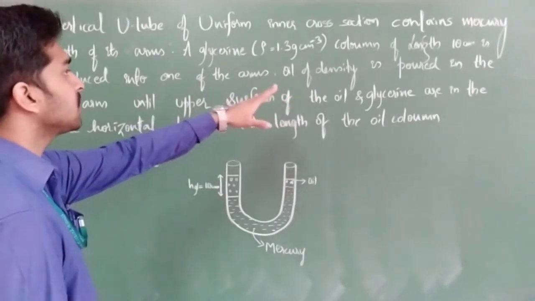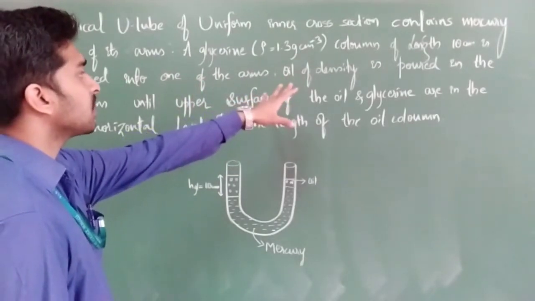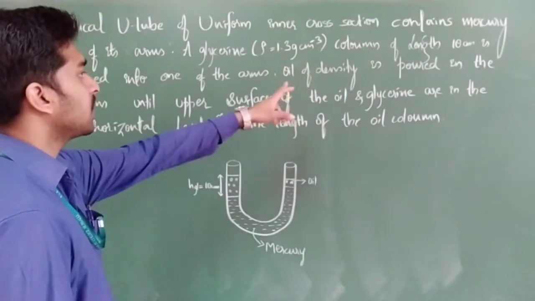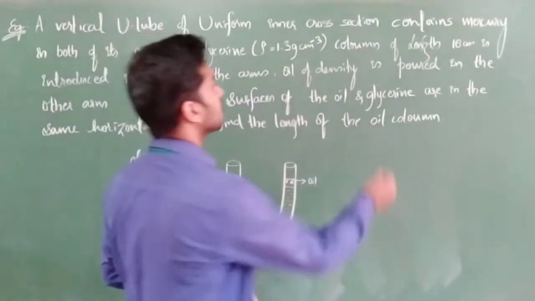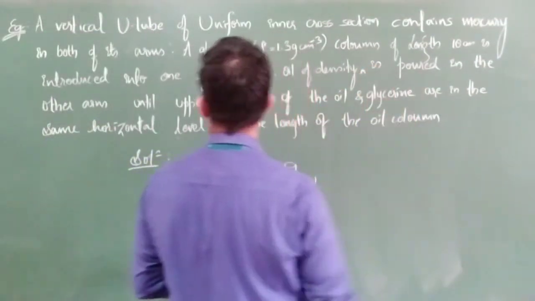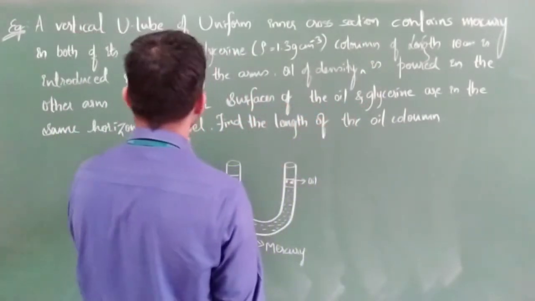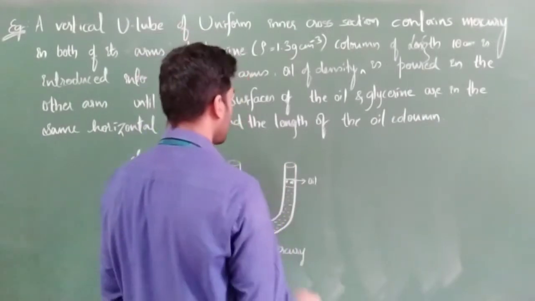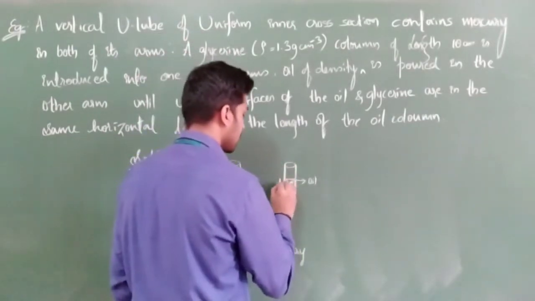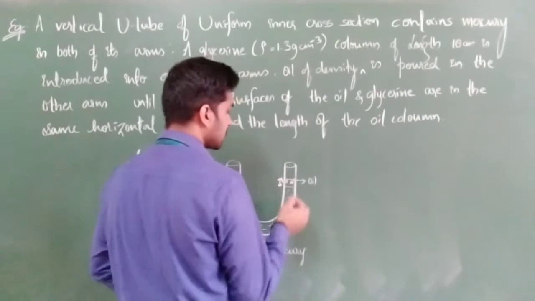Oil of density, let me check the density of oil, a value should be given, is poured in the other arm until the upper surfaces of the oil and glycerine are in the same horizontal level. Find the length of the oil column. So this distance they are asking.